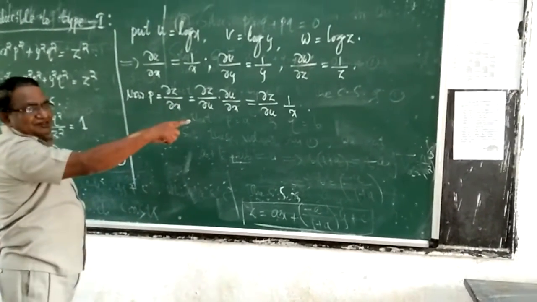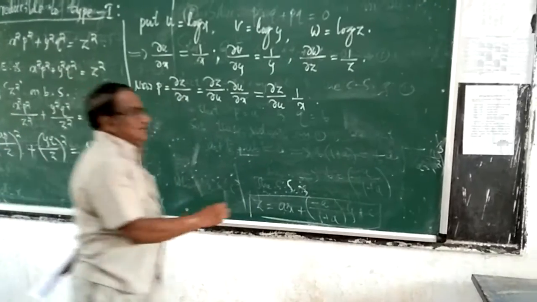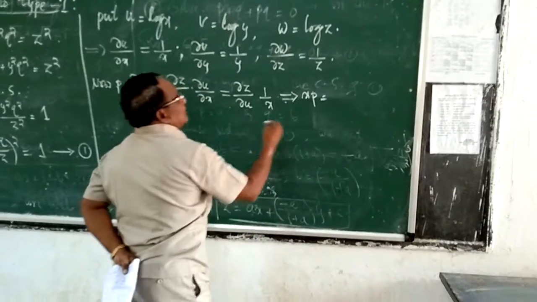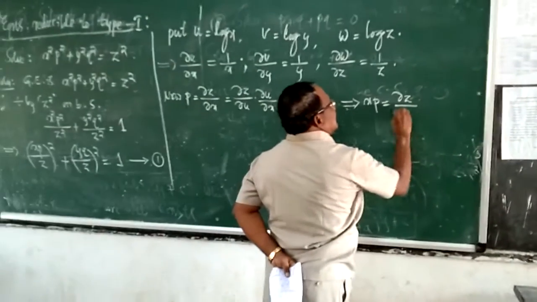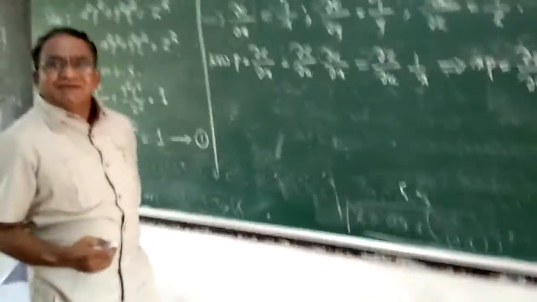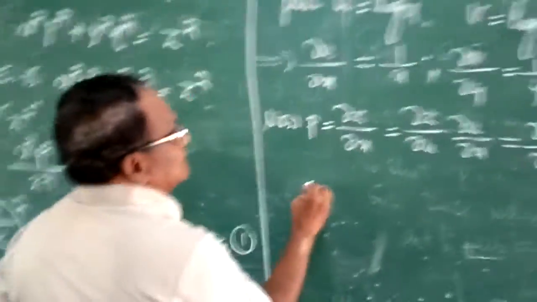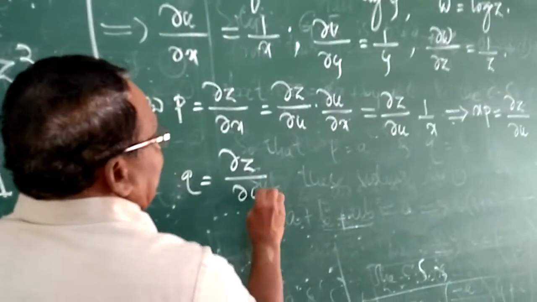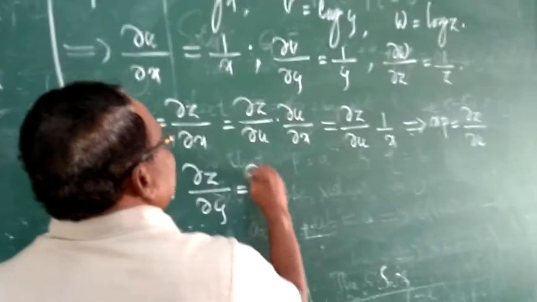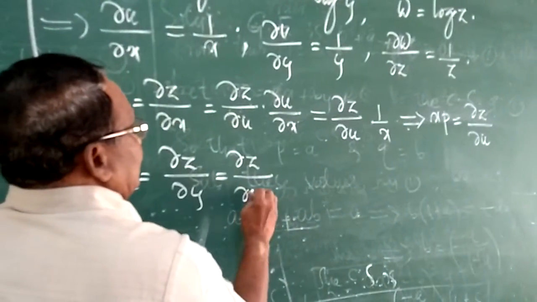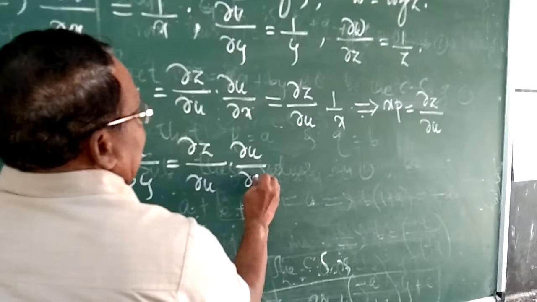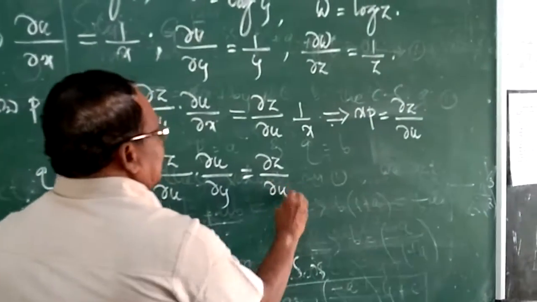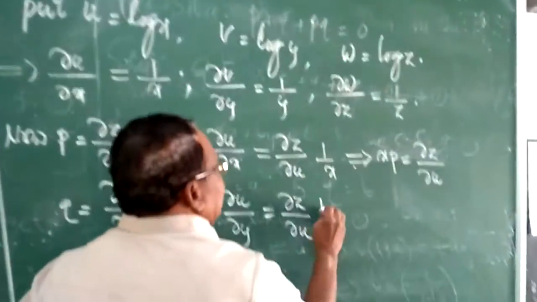So on cross multiplication, p into x is xp, equal to dou z by dou u. Similarly, q is, as we know, dou z by dou y. It can be written as dou z by dou u into dou u by dou y, which is dou z by dou u into 1 over y.